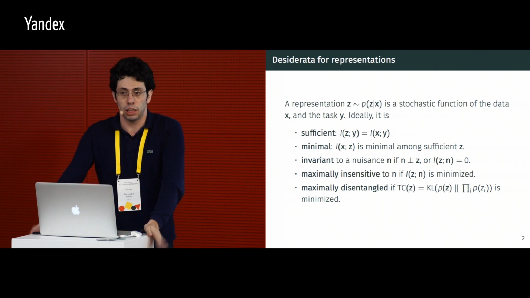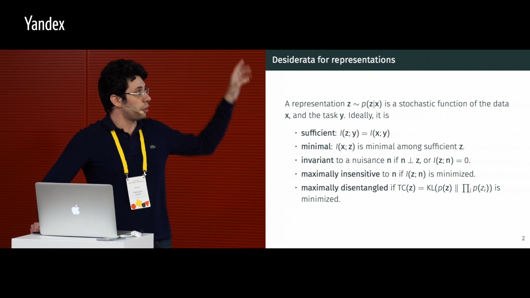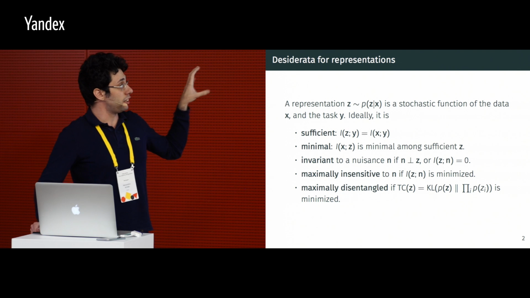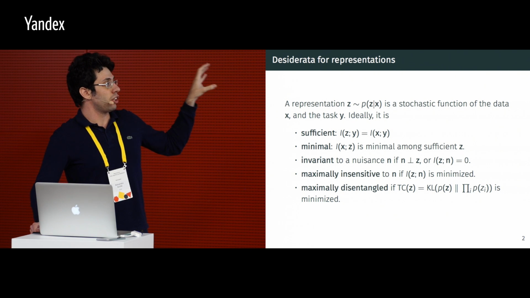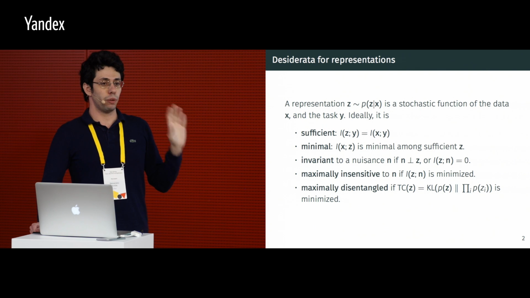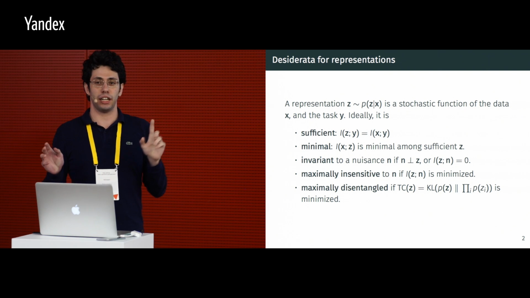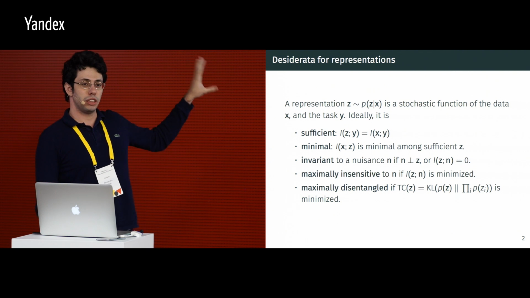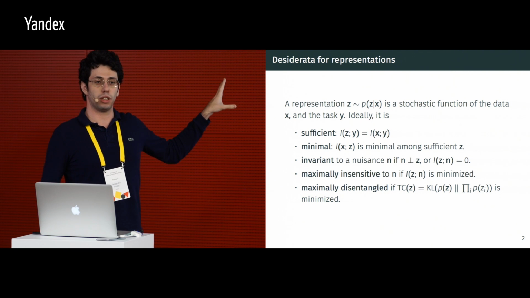So now, the name of the game is how do we learn a representation of the data satisfying all these properties. And as difficult as this may seem, it actually amounts to adding the right amount of noise during the training process. But before we get to that, is there any question or any problem with these requirements for a representation?